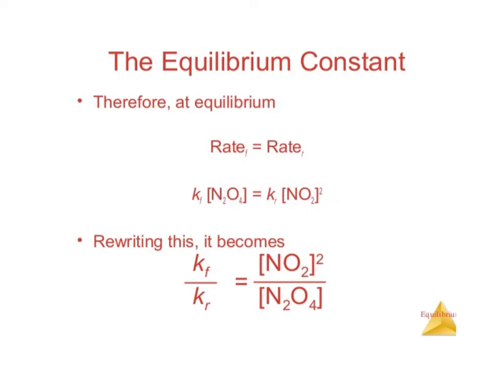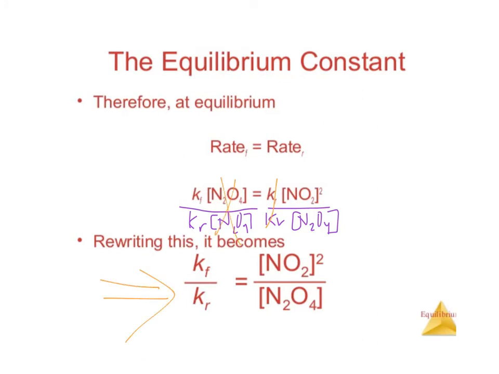If we divide both sides by K reverse and by N2O4, then the K reverses cancel, and the N2O4s cancel, and we end up with this expression. K forward over K reverse equals NO2 to the second exponent, over the concentration of N2O4.